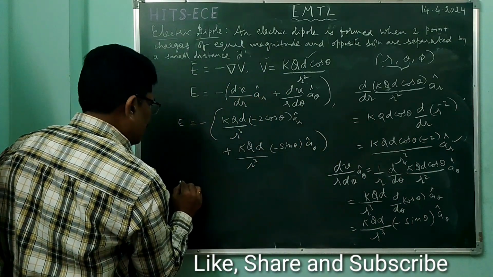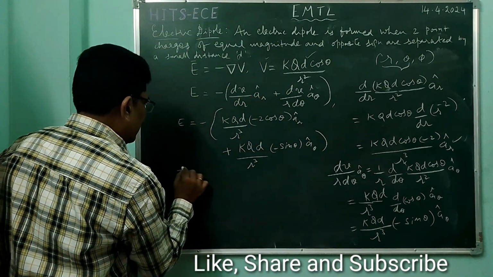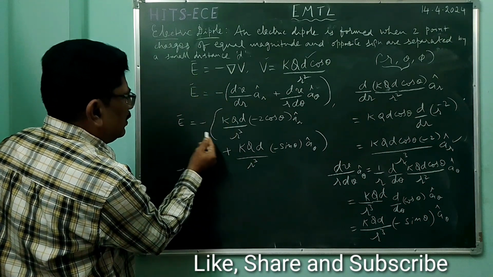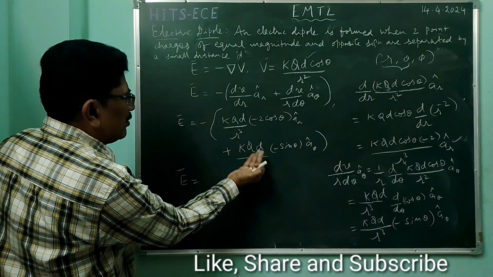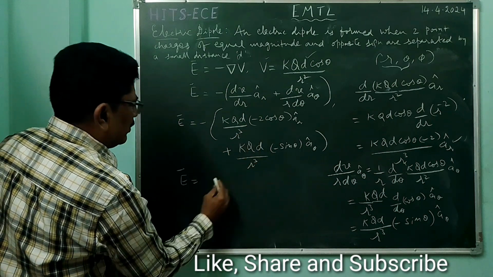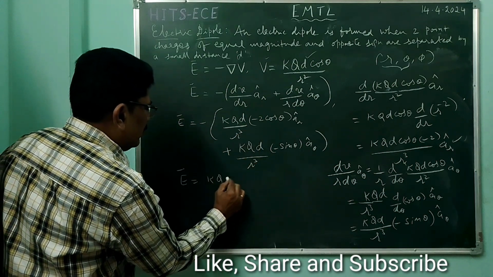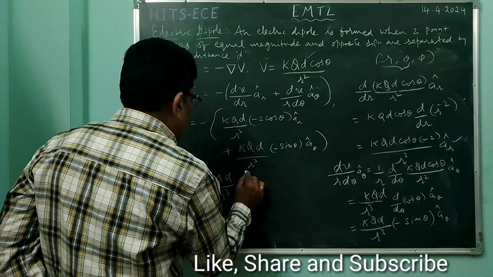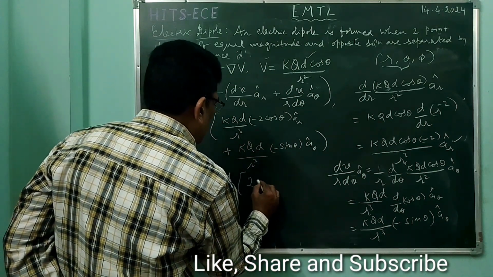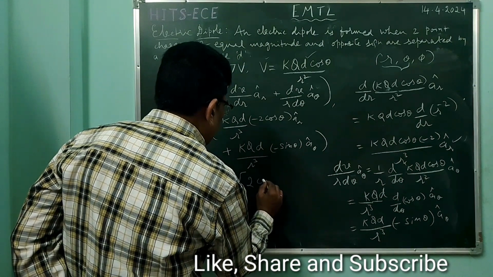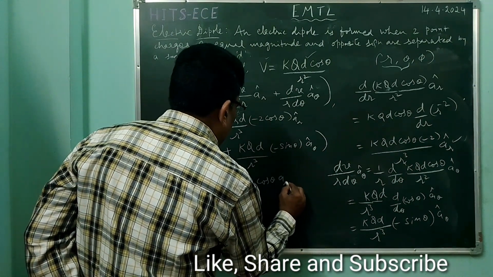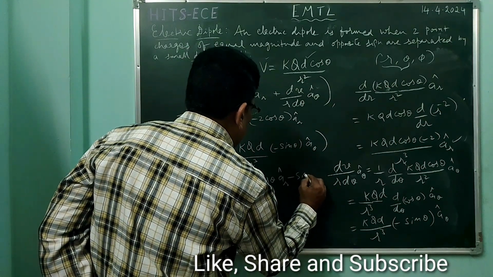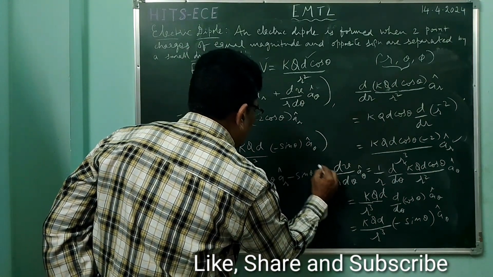So E is equal to, opening the brackets and taking out the common kqd by r cube, kqd by r cube into 2 cos theta a r cap minus sin theta a theta cap.